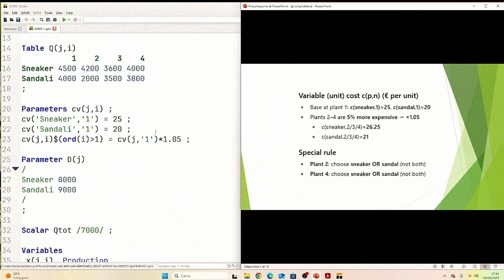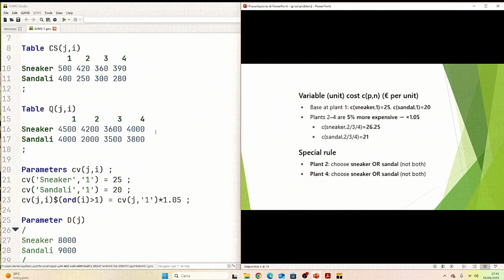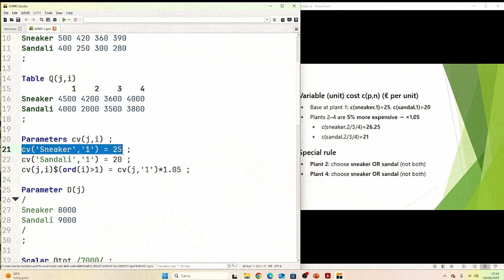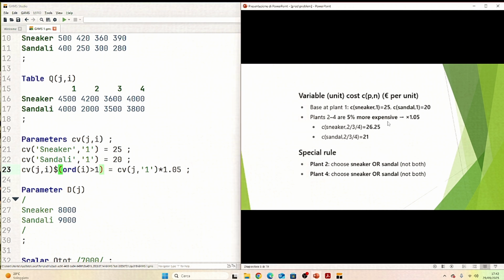Before writing the variables, we need to build a new parameter that sets the real variable cost for sneakers and sandals. In the first case, we set the base price to 25 for sneakers and 20 for sandals.